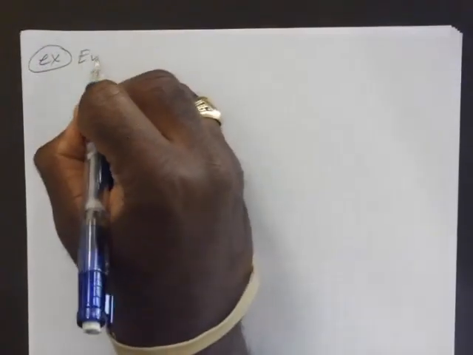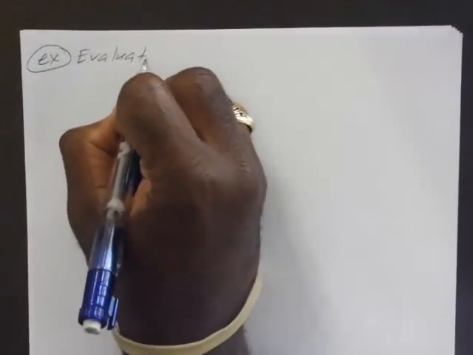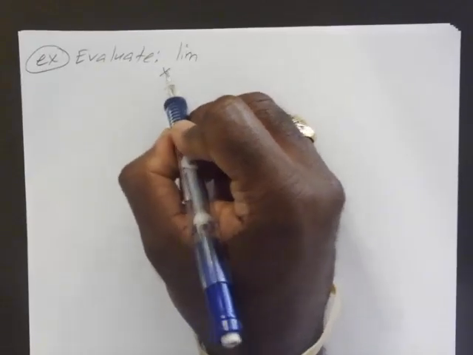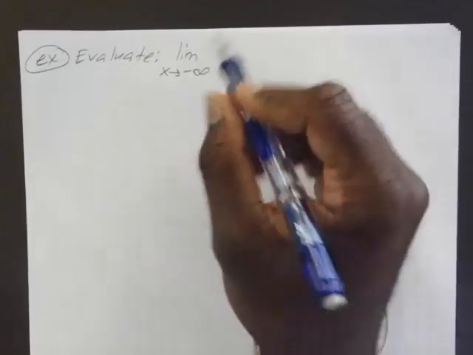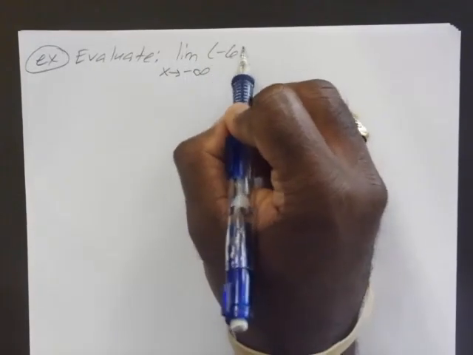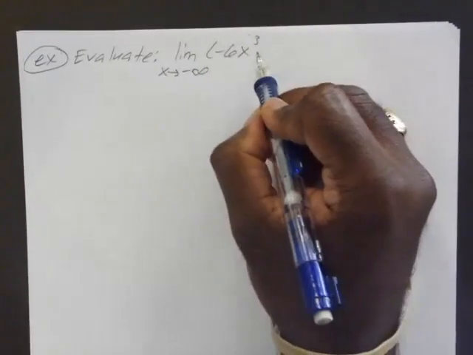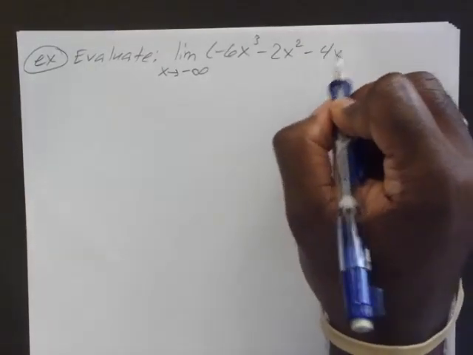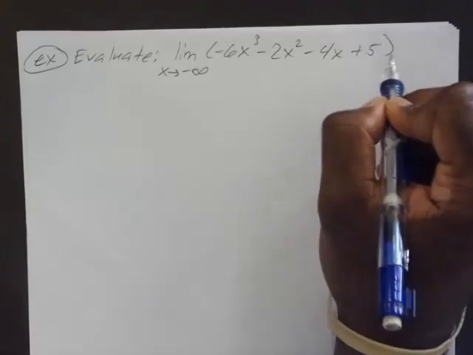So let's say, for example, if we wanted to evaluate the limit as x approaches negative infinity of negative 6x to the third power minus 2x squared minus 4x plus 5.